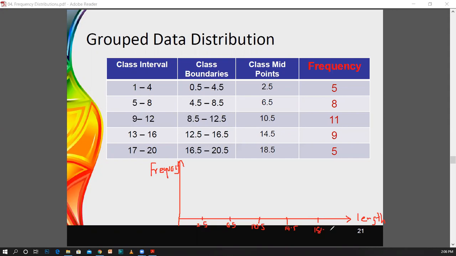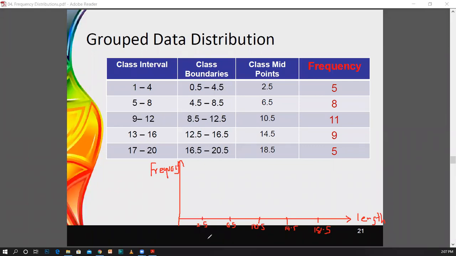This is how we have identified the values. Now we need to mark the class boundaries as well, because we use the class boundaries to identify the width of these bars.